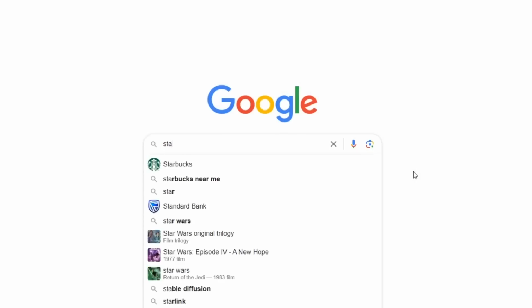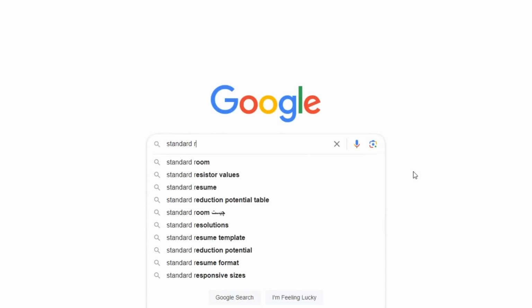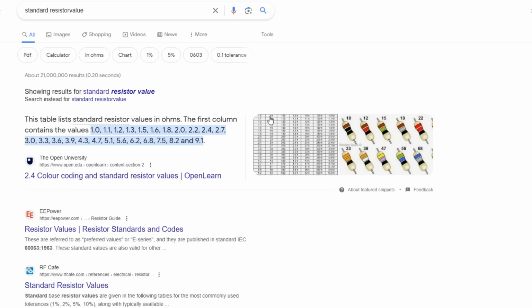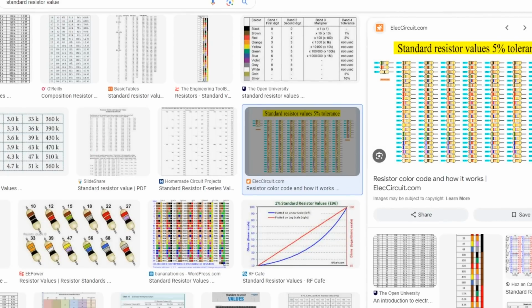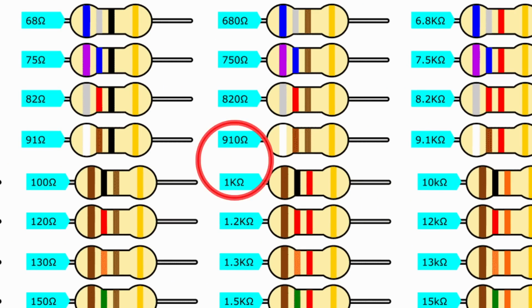Since 928 ohms is not a standard value, we have to find the nearest standard values to 928 ohms. By searching for standard resistor values on Google, you can find some tables. By looking at those tables, I found 910 ohms and 1 kilo ohm. 928 ohms is closer to 910 ohms than 1 kilo ohm, so I have to choose 910 ohms for the base resistor.